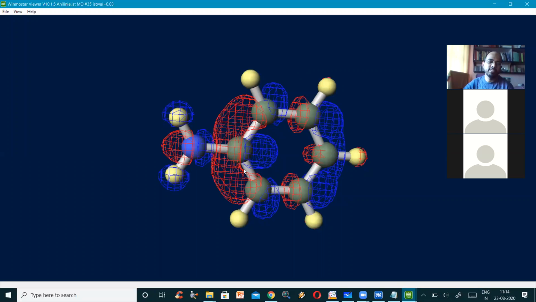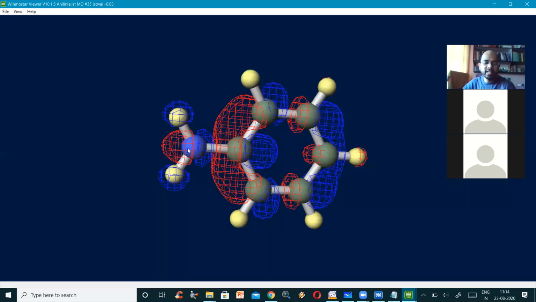This space is called the van der Waals space or the molecular surface. The positive portion, because of aniline for that particular orbital, is inside. A lot of positive portion inside, a lot of negative portion, a lot of positive portion outside for the 6th carbon atom.